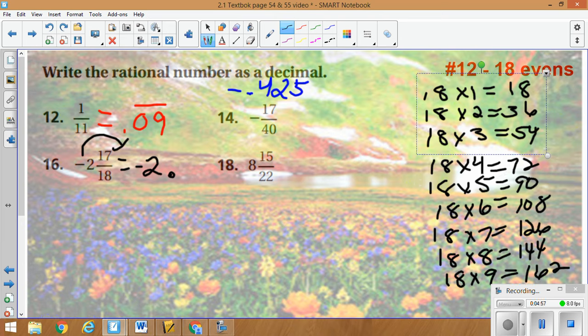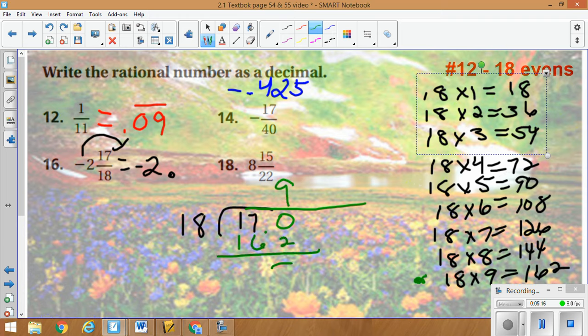Okay, so now what I'm going to do is take 17 and divide it by 18. So 18 can't go into 17, so we add 0.0. 18 goes into 170 9 times. 9 times 18 is 162. There's 8 left over, so I'm going to add a 0 and bring down. I'm sorry, 18 goes into 80 4 times, which is 72.